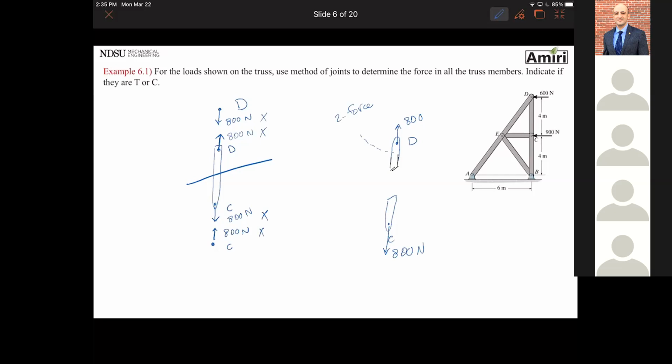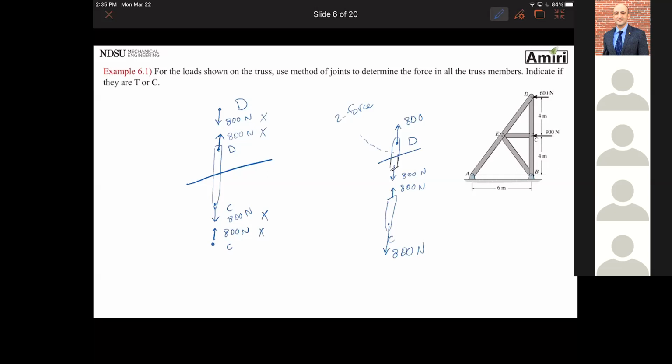Shouldn't it be 800 pointing both directions? So it's going to be 800 going this way, 800 going this way. See that? By cutting it, I divided it into 2 little 2-force members again. You can keep cutting. You can cut this one, same thing, and keep cutting the same thing. So every time you cut through a member, you are revealing the forces that are inside of that member.